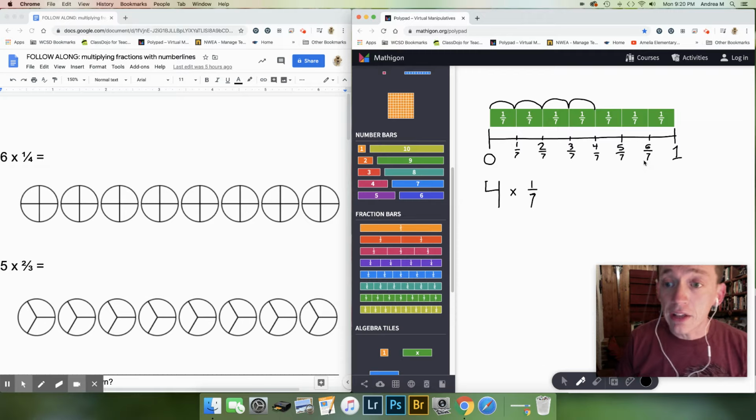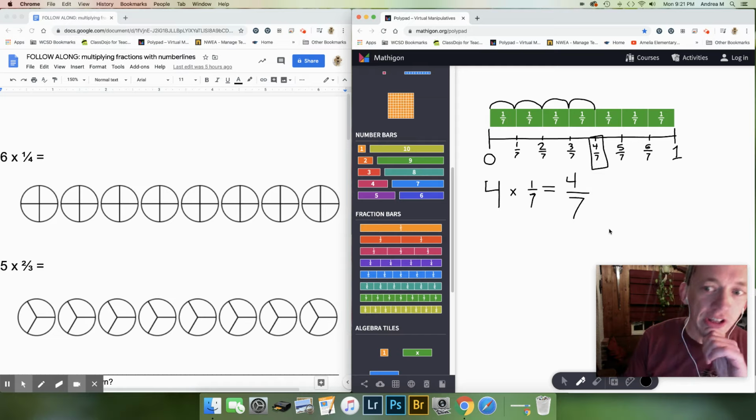So I'm going to tell you to pause it and think about this. We can pretend it's like Dora the Explorer. That's how I'm going to use this from now on. So do you see what fraction that would equal? Shout it out, everybody. Yeah, you're right. If you said 4/7, you're right. So 4 times 1/7 is going to be 4/7.